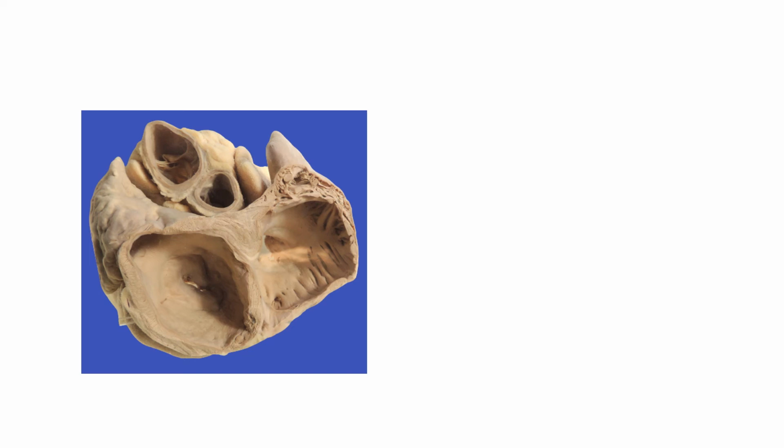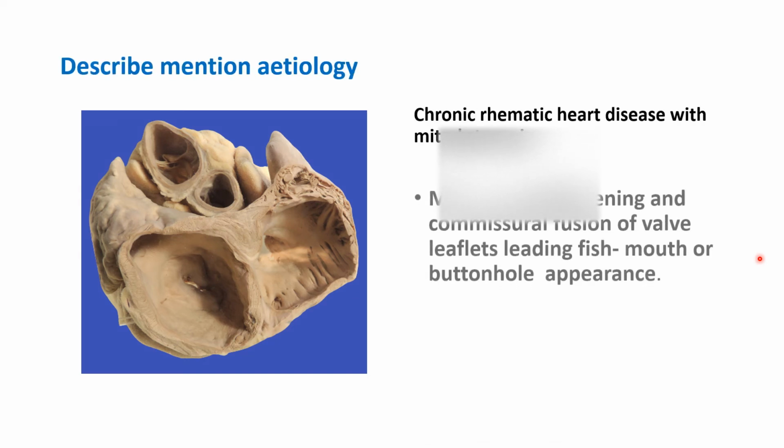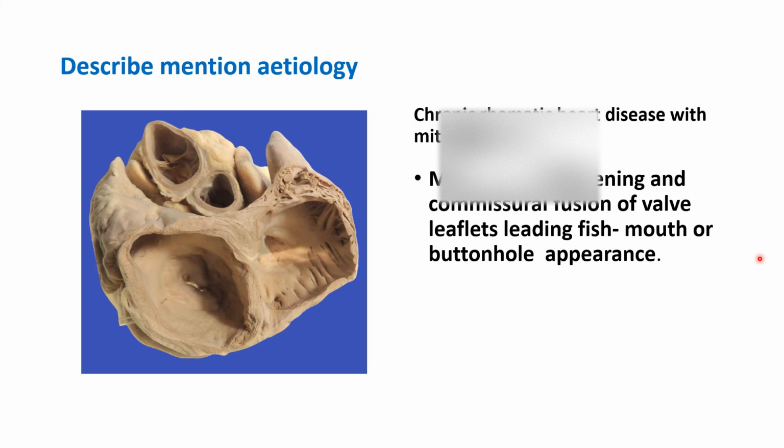Now this is the specimen which we are seeing from the base of the heart. Apex is formed by the left ventricle. So on the base, this is the left auricle and this is the right auricle. And here you see that the mitral valve has thickened and there is a fusion of the commissures.